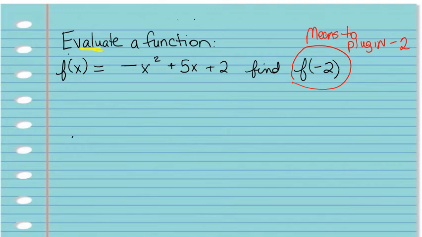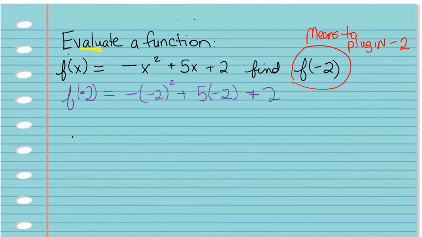So f of -2 would be -2 squared. So here I am going to plug in -2 in each place. Now when I do this, I have to be careful, do my order of operations, and make sure I don't mess up anything.